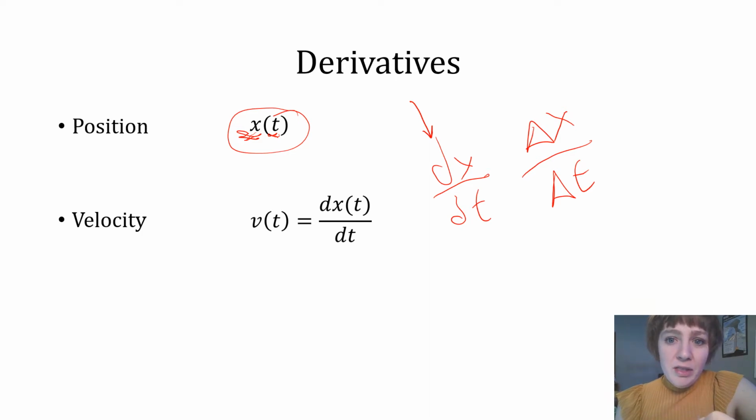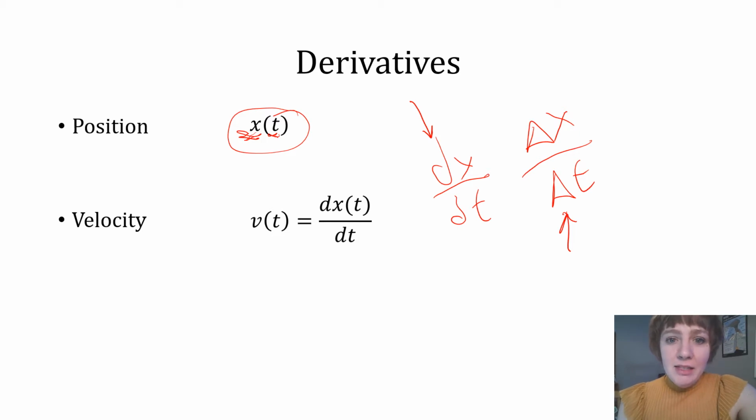Or in other words, d represents what would happen if the delta became infinitely small and you just examined a tiny, like I said, instantaneous amount of time.